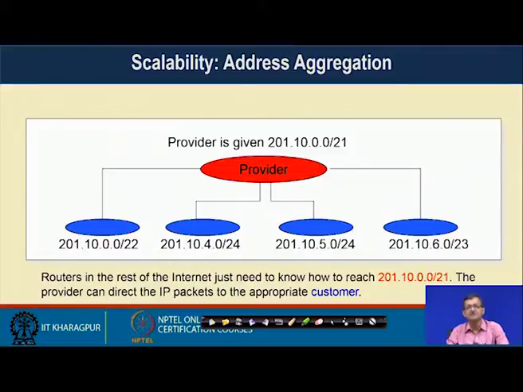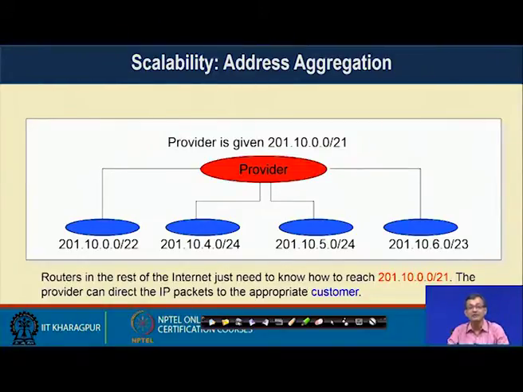So we can have aggregation. If there are these different networks, then I can have an aggregated network. For example, given networks like 201.10.0.0/22, 201.10.4.0/24 and so on, I can have an aggregated network of 201.10.0.0/21, right. So routers in the rest of the internet need to know only how to reach 201.10.0.0/21. The rest is handled at the lower level, inside that particular domain.